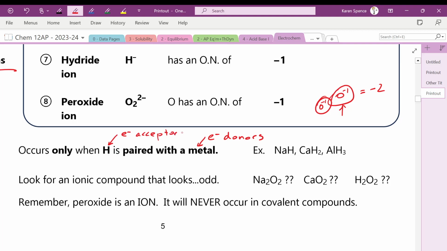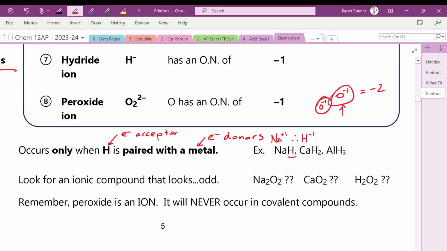Is that good? In cases like this, we would say, what is the oxidation number of hydrogen in NaH? Well, you know that sodium is +1, therefore hydrogen must be -1. So that's the kind of place where you would find a hydride.